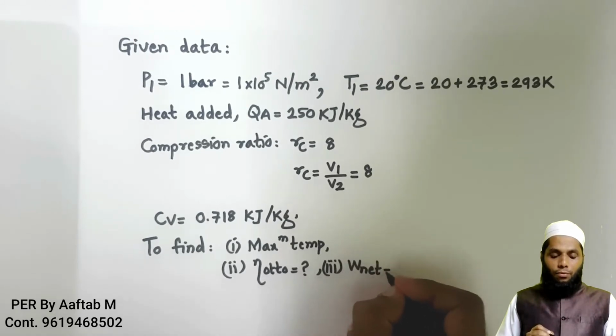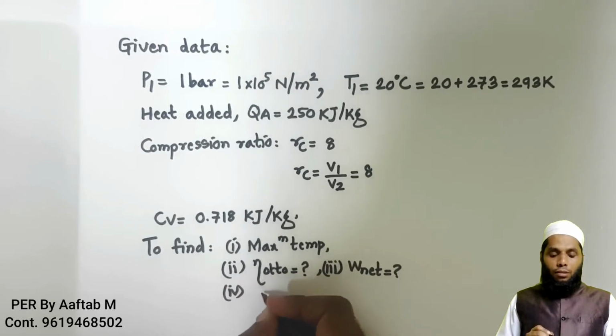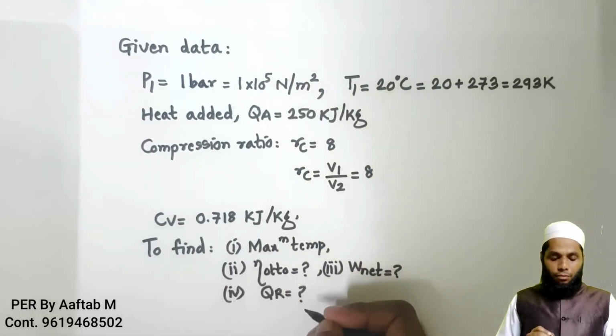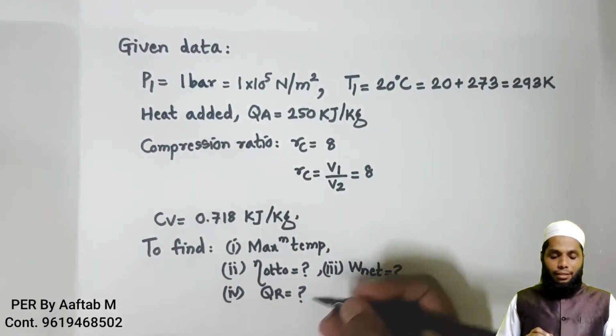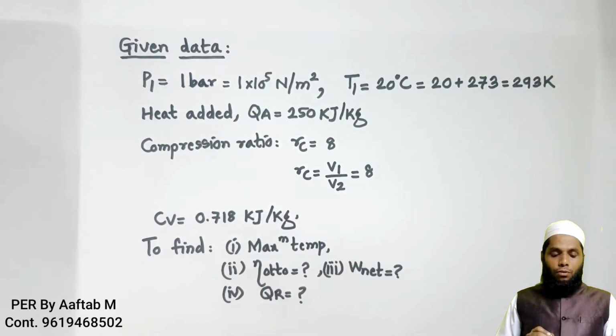Then next one we have work done, that is net work done required, and fourth thing, heat rejected from the system. So let's have, from this given data, we'll solve this important numerical.